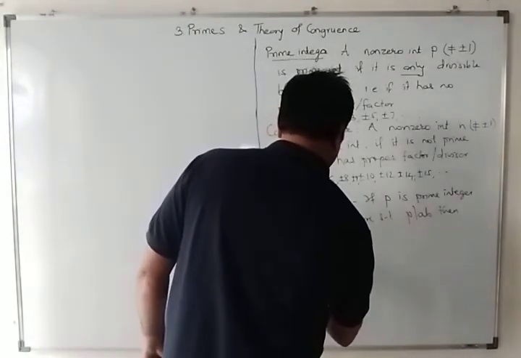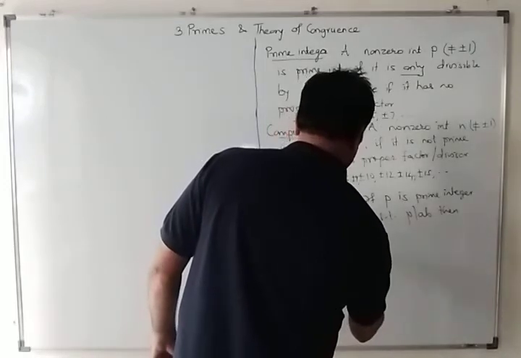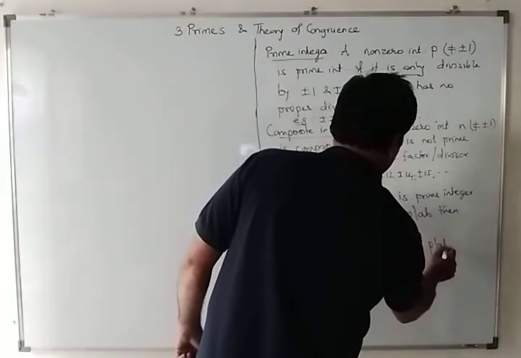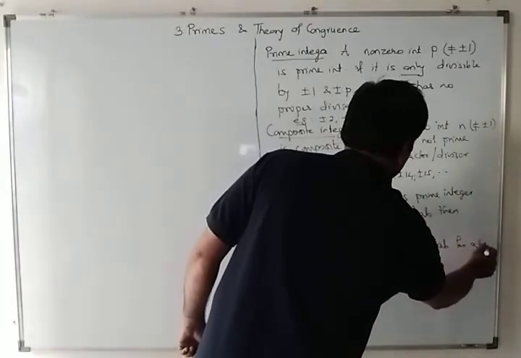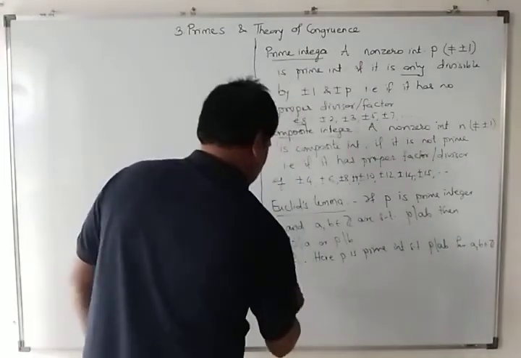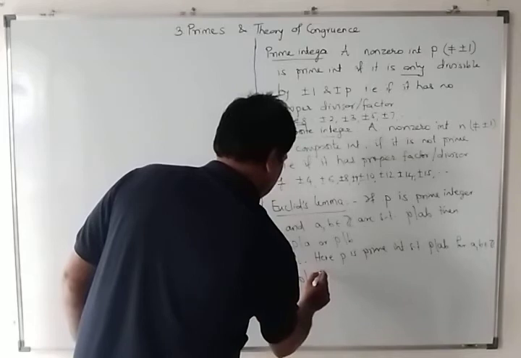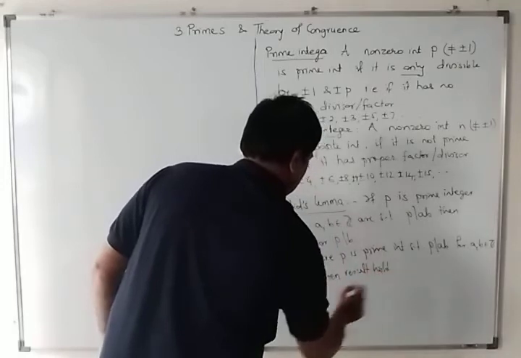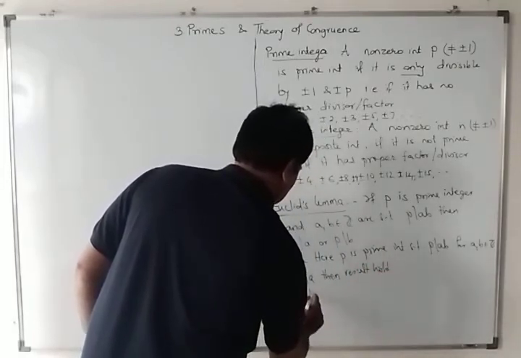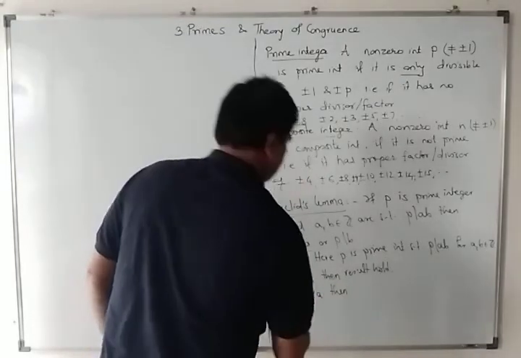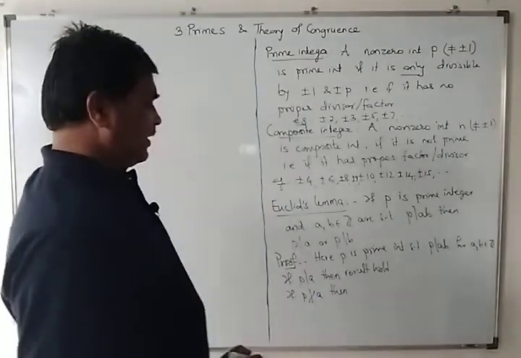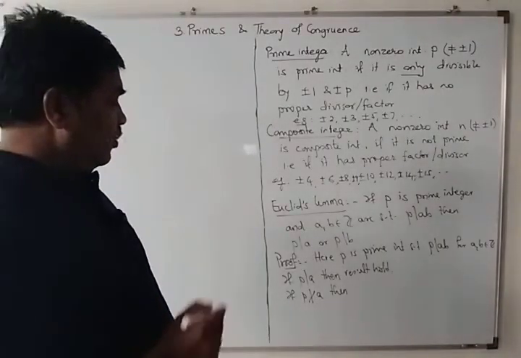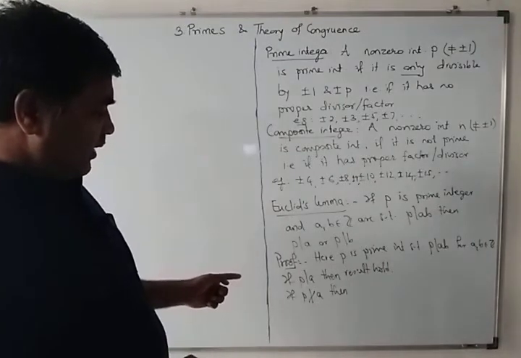So here p is a prime integer such that p divides ab for a, b belonging to Z. If p divides a, then the result holds. If p doesn't divide a, then p and a have no common factor, right?